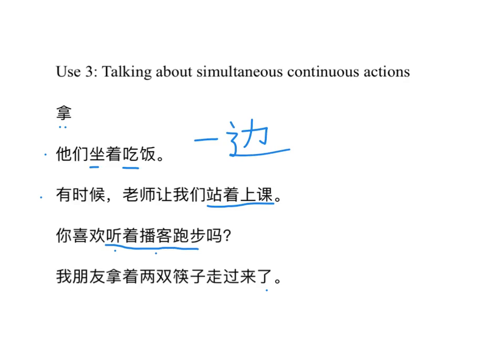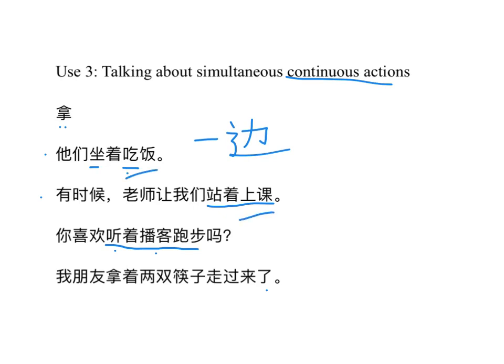That makes sense if you think back to use number 2 that we looked at. Remember that use number 2, which we looked at a moment ago, was all about describing a constant situation. So, when we're talking about continuous actions, what we're really talking about is a situation or a setting by which the verb is happening, right? In what way are they eating? They're eating sitting down.